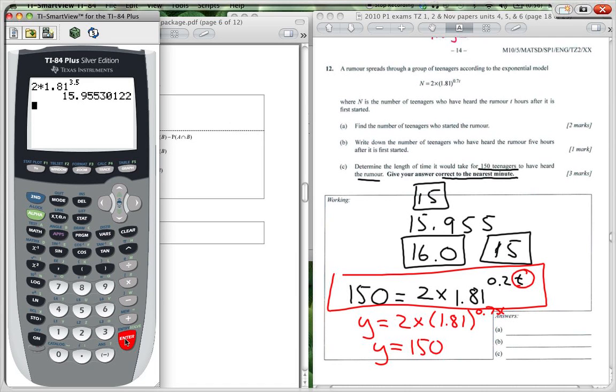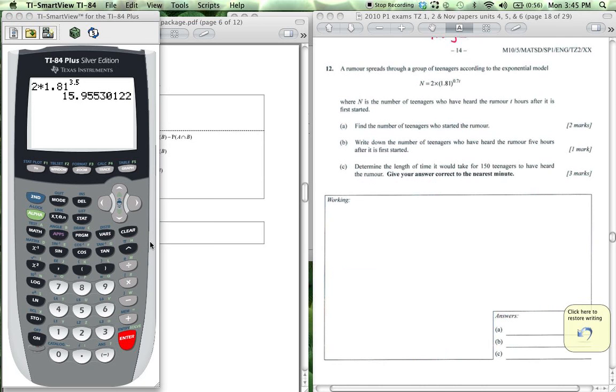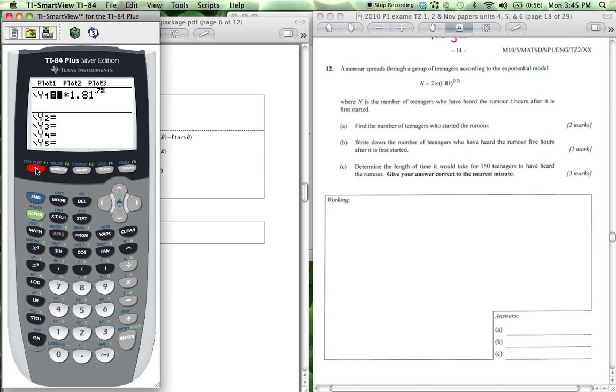So I have actually already graphed this value. This is my graph of my exponential function. You can see there that I've got that in already. I'm going to put in y is equal to 150, and I'm going to plot that up.